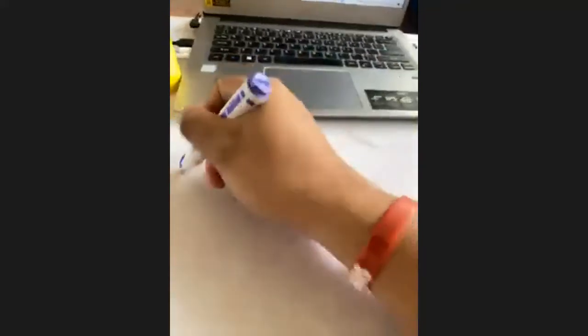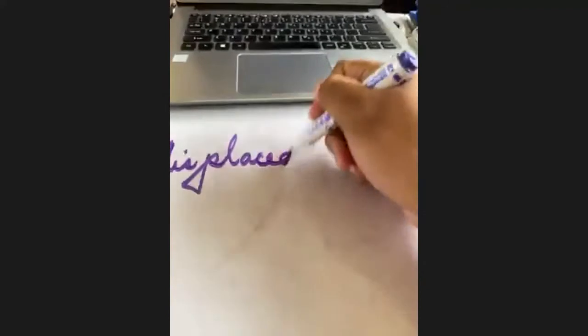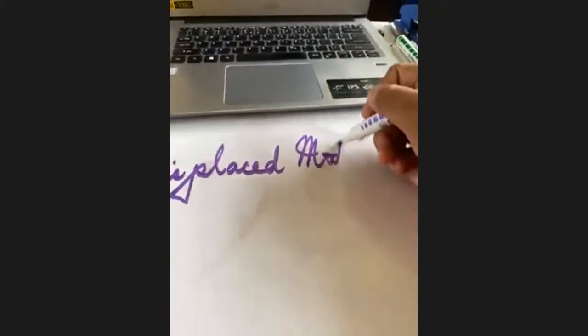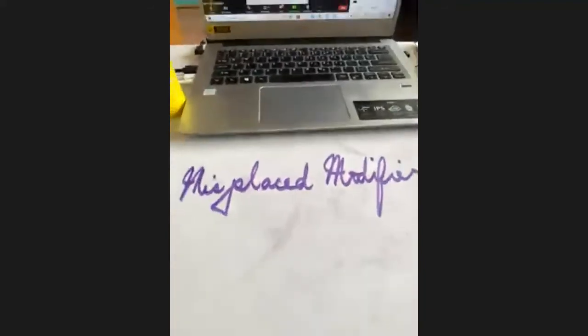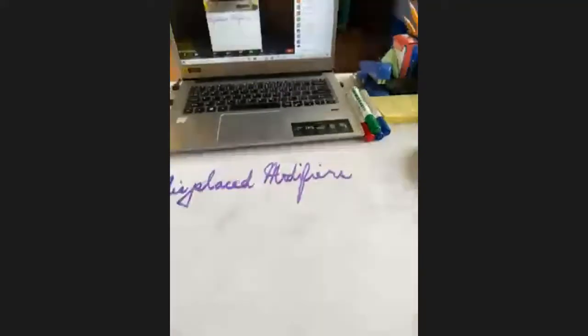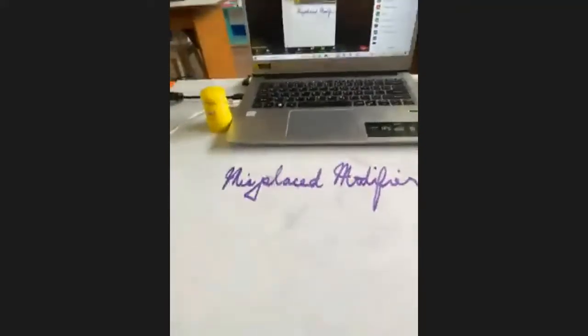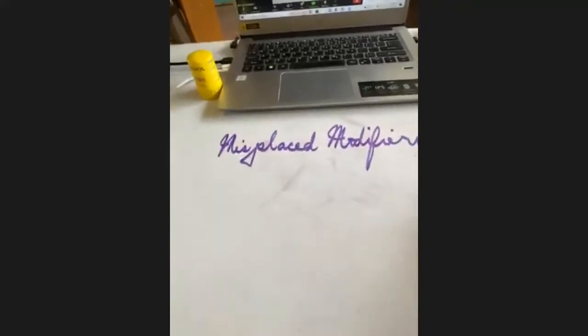We begin with misplaced modifiers. There's a reason why they are called misplaced. Simply because they are not located in the right area or part of the sentence where they should be located or placed.